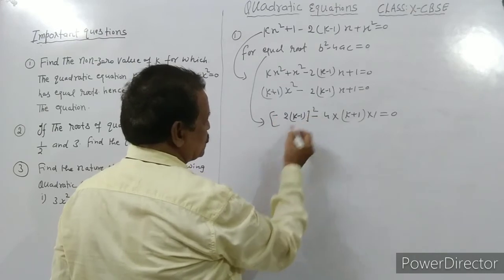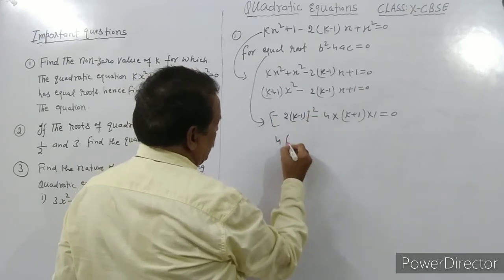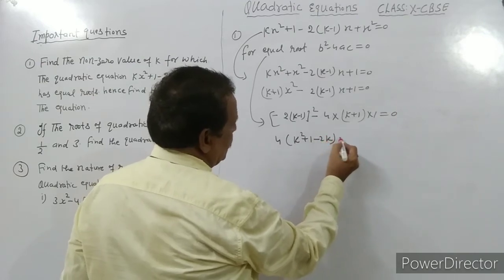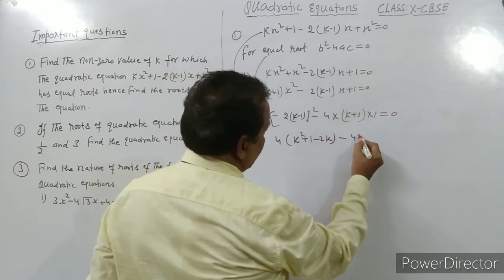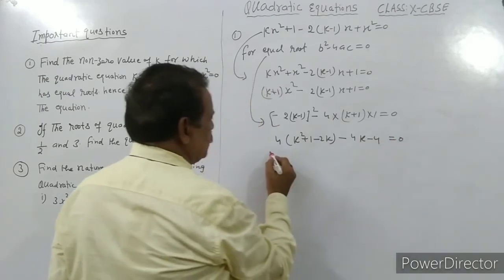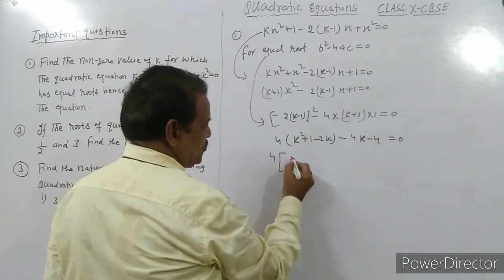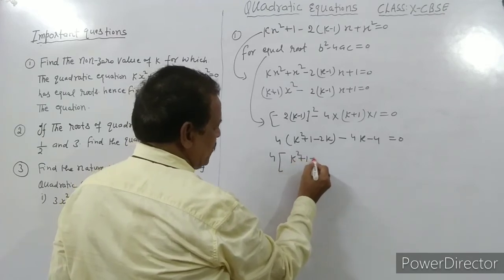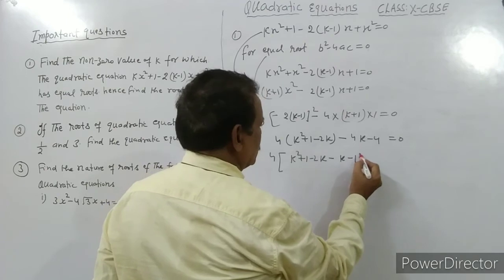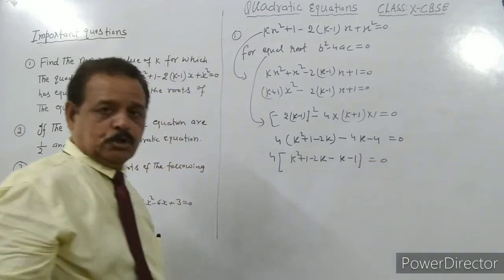Minus goes away with the square, so this is 4 into k square plus 1 minus 2k minus 4k minus 4, equal to 0. Take 4 common for simplification: k square plus 1 minus 2k minus k minus 1 is equal to 0.